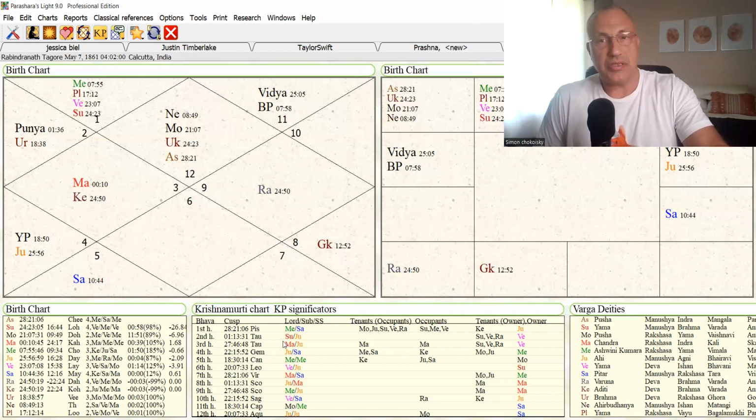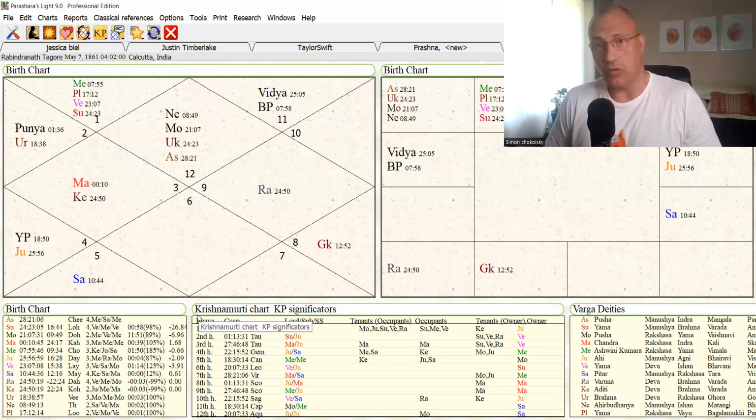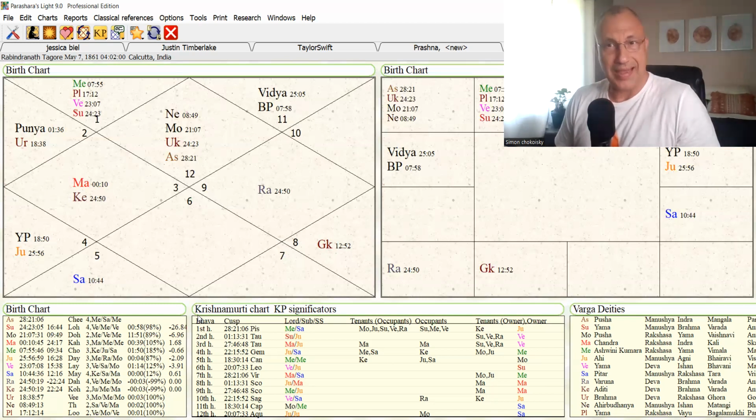Now, let's take a look at the chart of Rabindranath Tagore. If you don't know who this is, a poet and a famous man who was a Nobel laureate as an Indian.